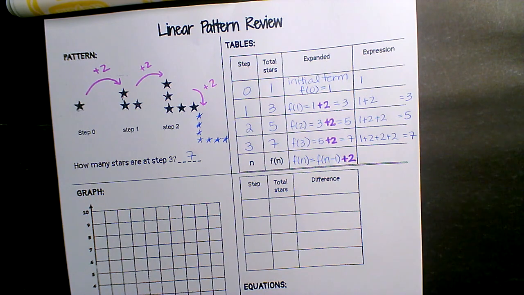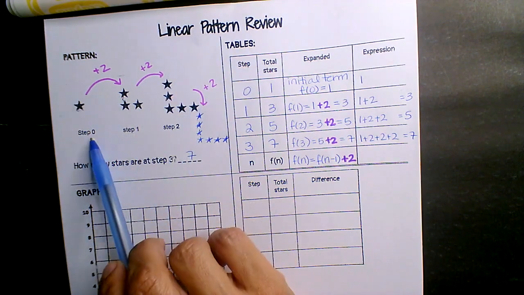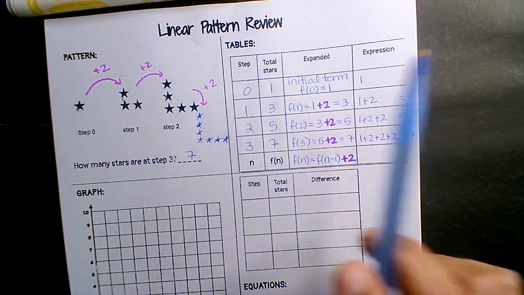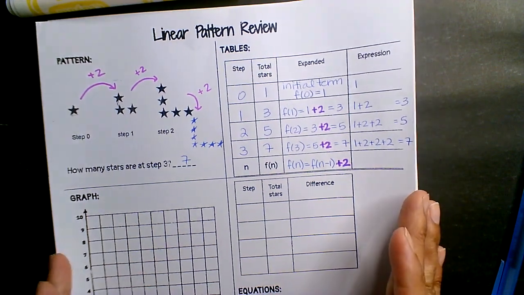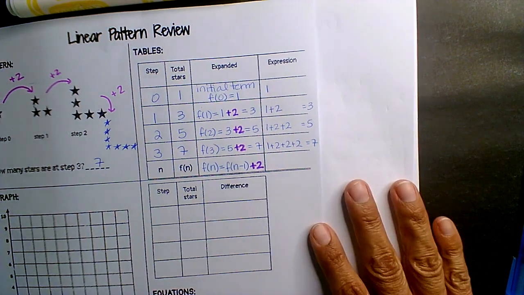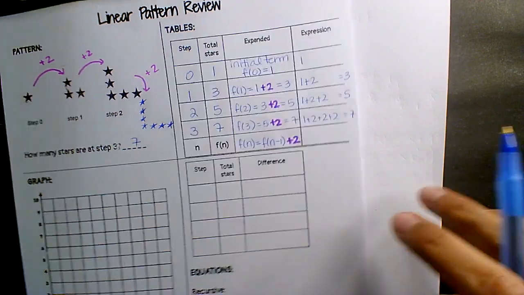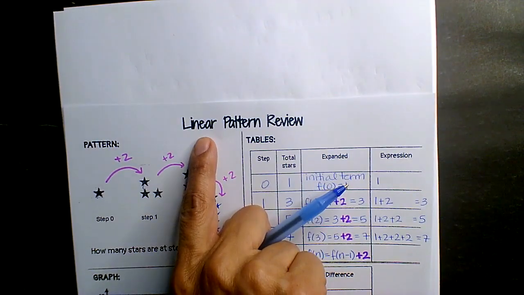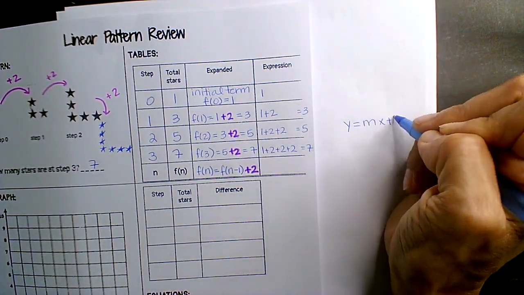Now, if you want it explicitly, my slope is 2. What's my y-intercept? Let me write over here, because this is not enough space. Look, this is linear, right? Linear is y equals mx plus b.